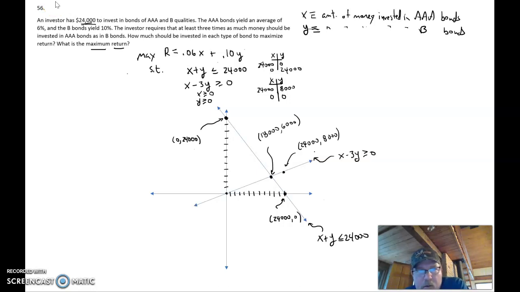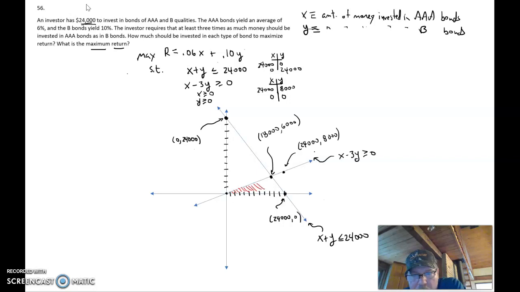I can't pick 0, 0 for my x minus 3y greater than or equal to 0 because it goes through 0, 0. So if I pick 6,000, 0, 6,000 minus 0 is greater than or equal to 0, so I'm shading this side of the line.